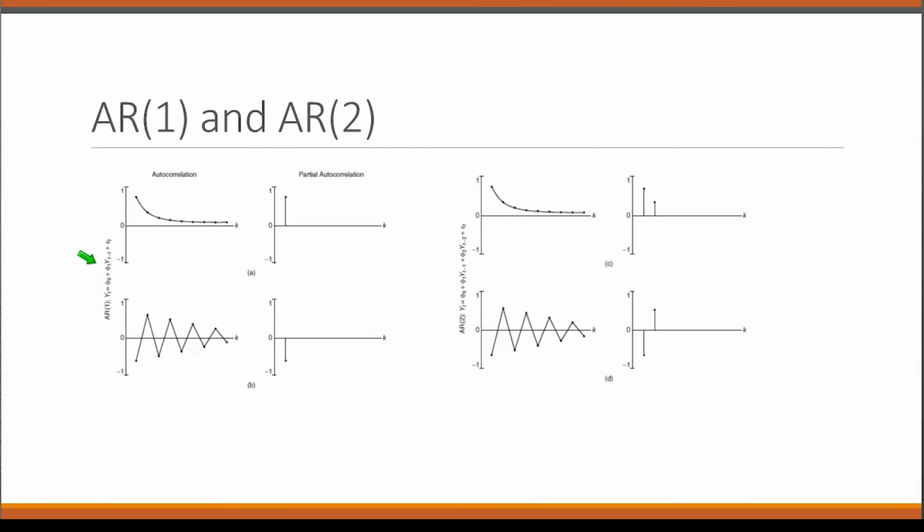When we see the autocorrelation dying out and the partial autocorrelation cutting off, and when we say dying out, that means the autocorrelation is decreasing gradually over time. It could be positive, as on the top here, gradually decreasing.